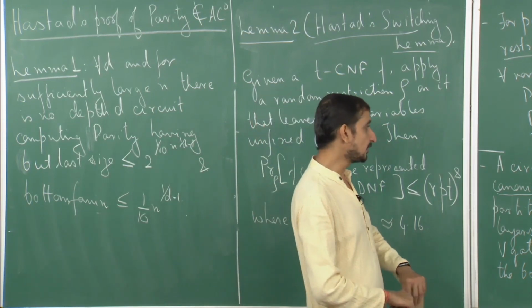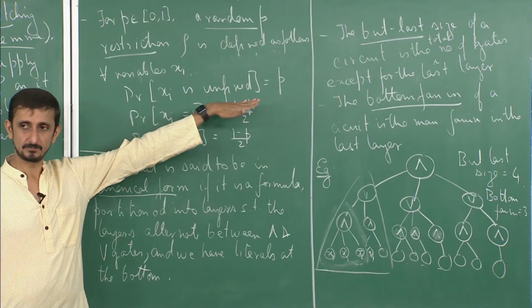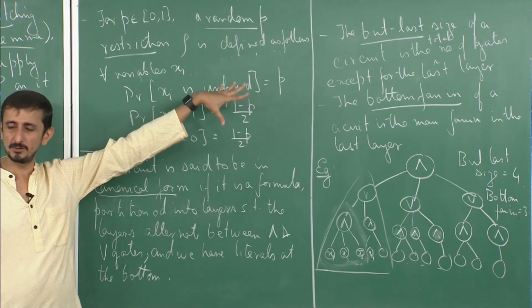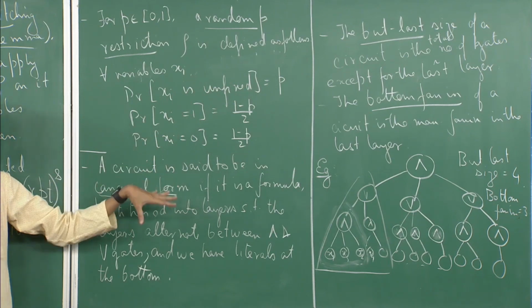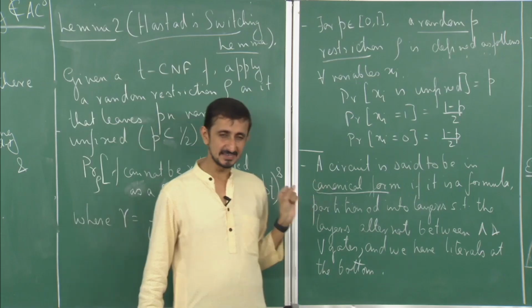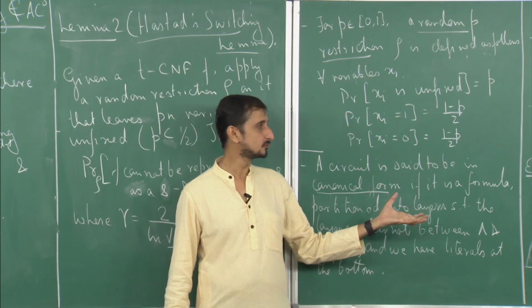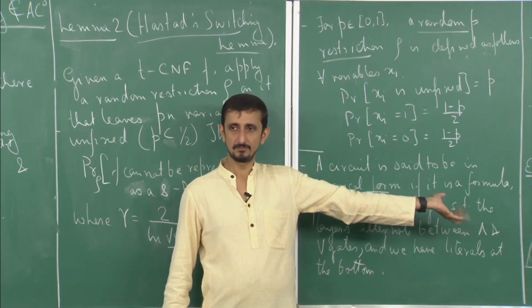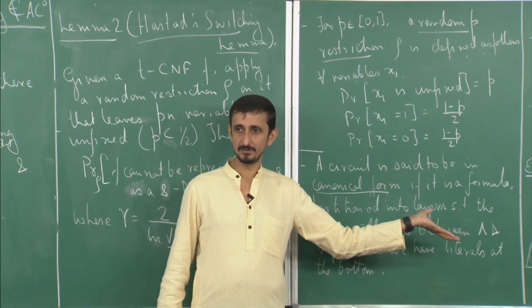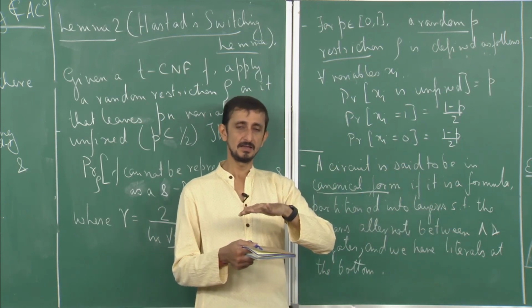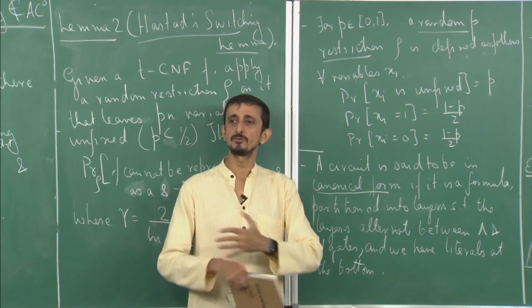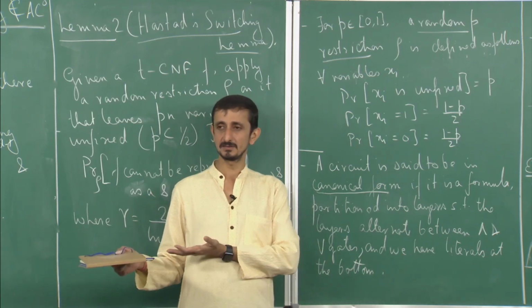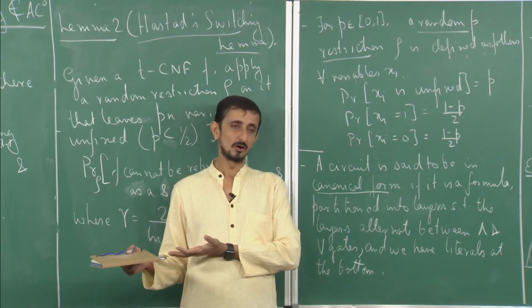That would depend on our choice of p. Our p will actually be quite small. In each level we will be just fixing a small number of variables, and we will show that there are still a lot of unfixed variables left, and this smaller depth circuit is still computing the parity of all those remaining variables.